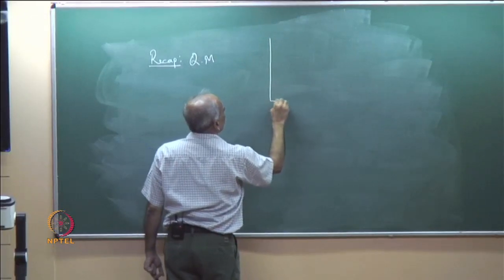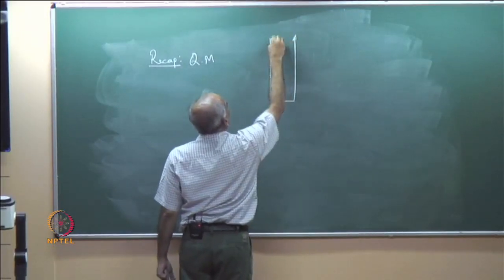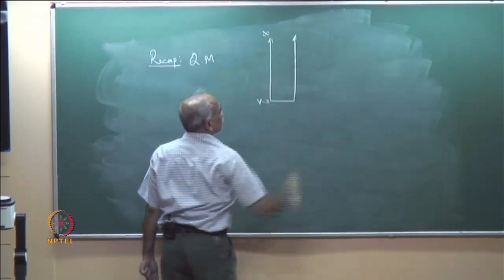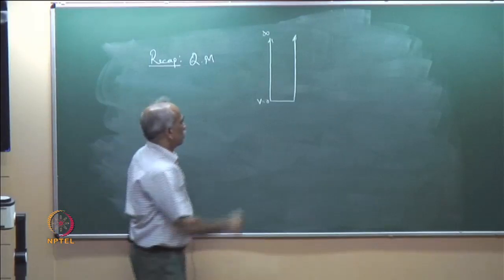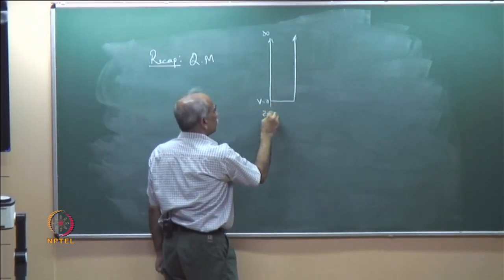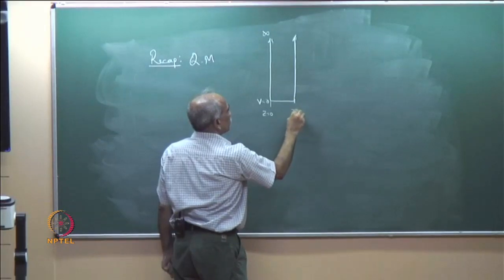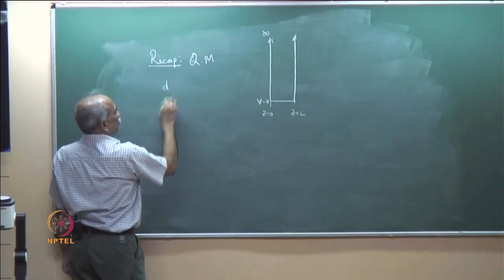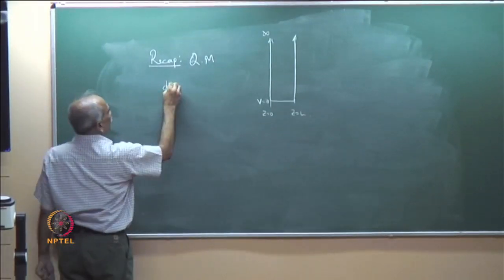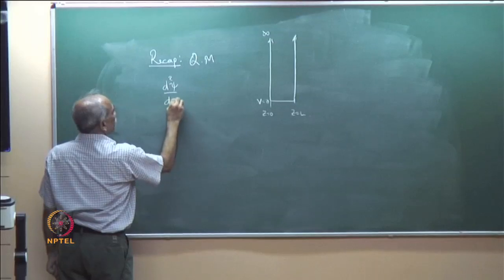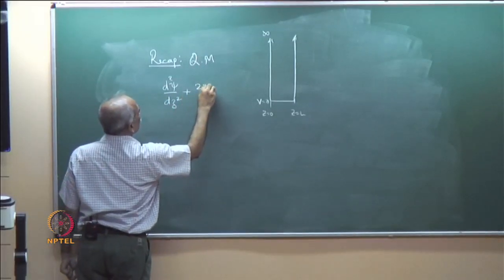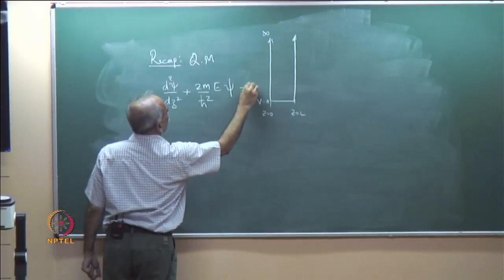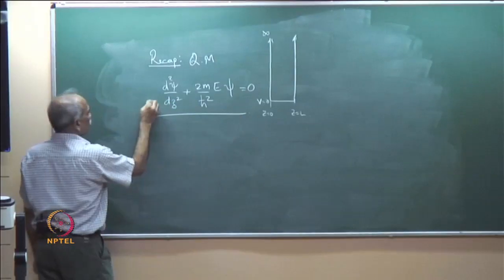First, we have an infinite well. So, this is V equal to 0 and it goes to infinity outside. This is z equal to 0 and z equal to L. The one dimensional solution: d square psi by dz square plus 2m by h cross square into E into psi equal to 0. The one dimensional Schrodinger equation.